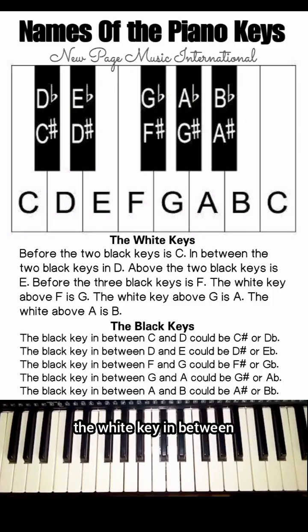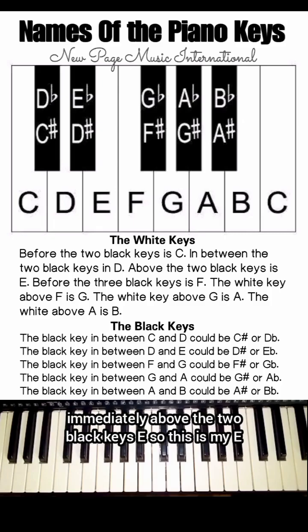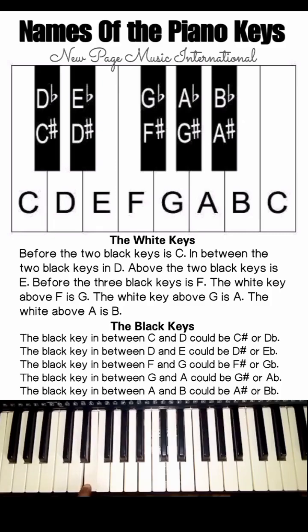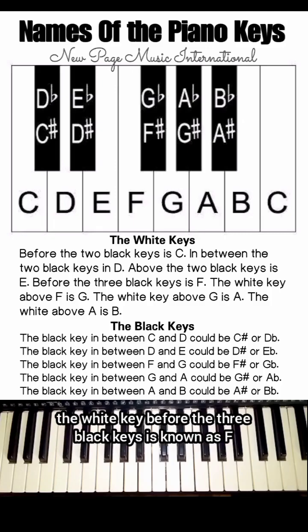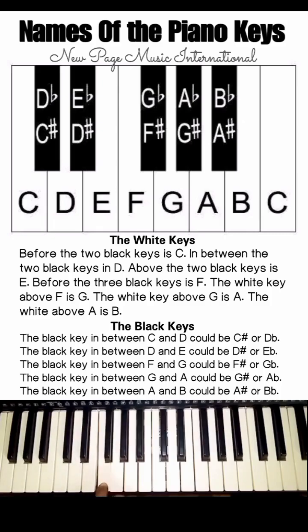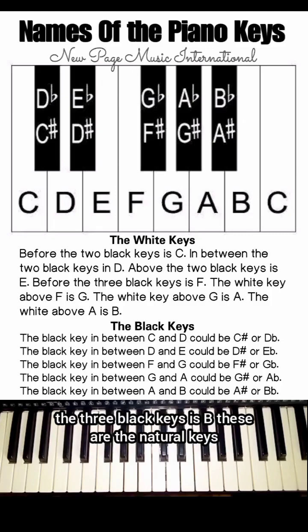Now, the white key in between the 2 black keys is known as D. Immediately above the 2 black keys is E. So this is my E. So this is C, D, E. The white key before the 3 black keys is known as F. The white key above F is G. The white key above G is A. The white key immediately above the 3 black keys is B. These are the natural keys that we have.